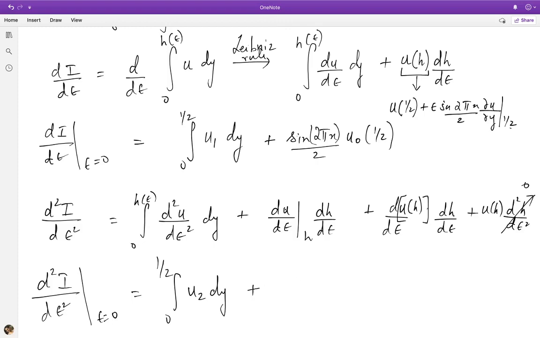Plus now, I take this derivative du by d epsilon, evaluate at h and then put epsilon equal to 0. All I'm going to get is u1 evaluated at h.